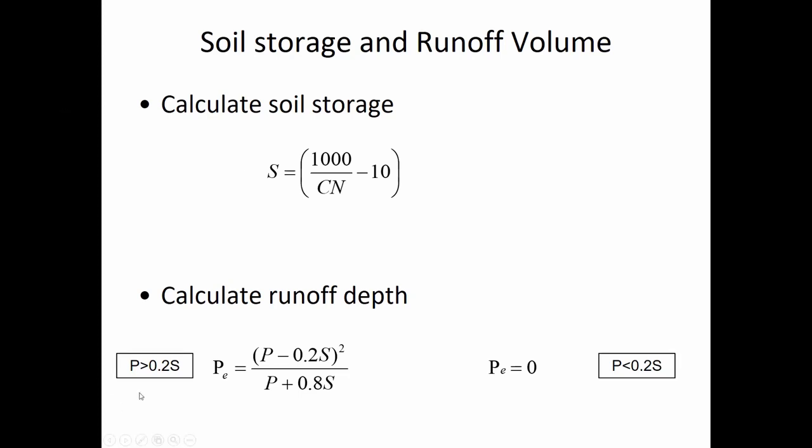What we're saying is if you don't have that satisfied, there won't be any runoff. So if the precipitation is less than 20% of the storage, then we assume all of the precipitation is just gobbled up by the initial abstraction. But once you've satisfied the initial abstraction, then this formula will kick in, and it will tell you how much rainfall excess you're going to see depending on the amount of precipitation and the amount of storage that there is.